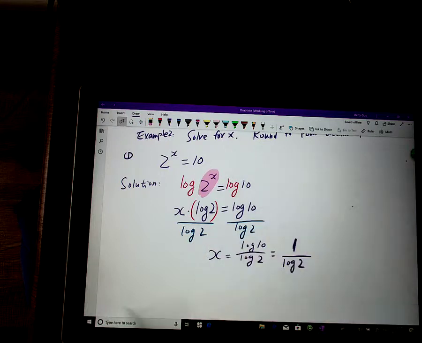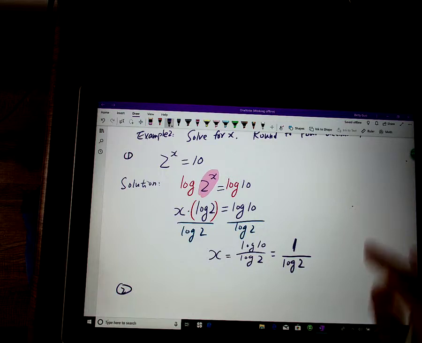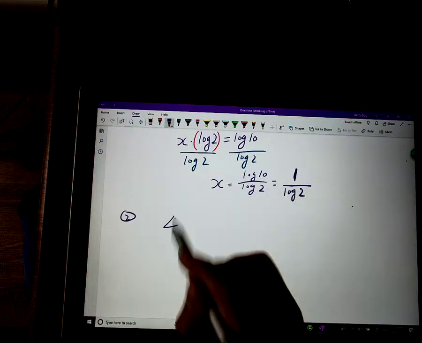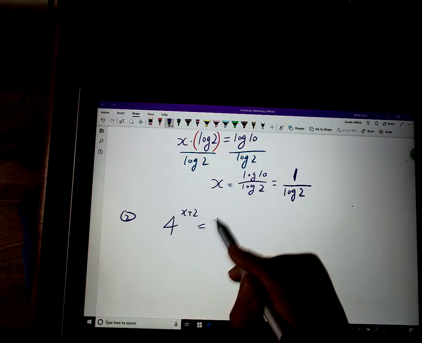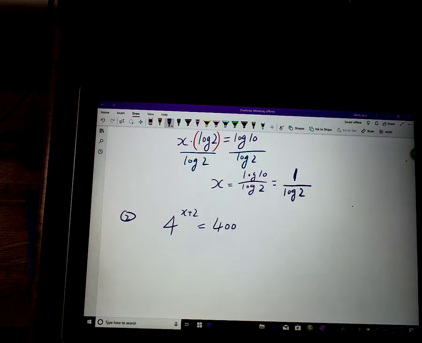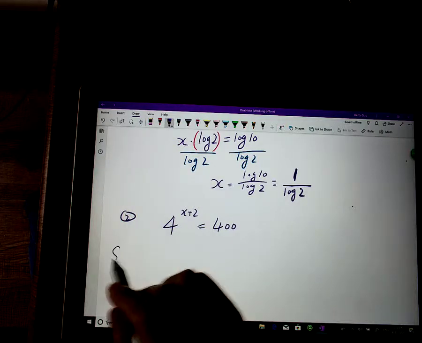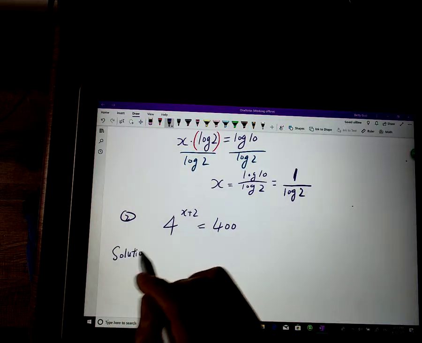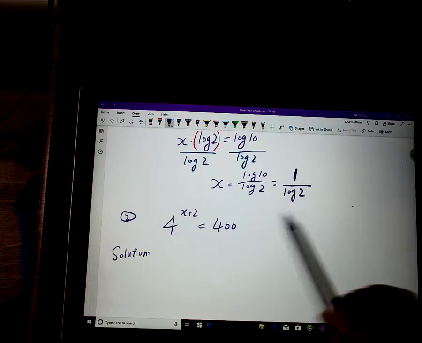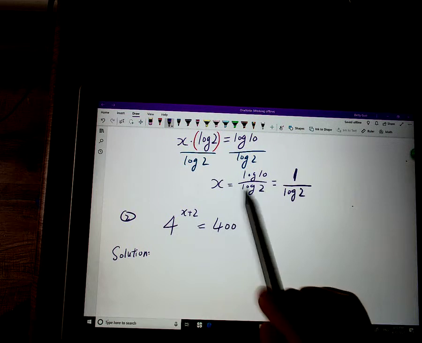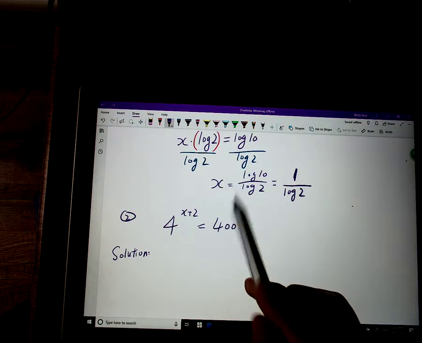Yeah, we skip the evaluation part. Only solve for x. Number 2, we have another exponential equation: 4 to the power of x plus 2 equals 400. This is not elementary because it's not very straightforward to rewrite both sides as powers of the same base. So we're going to do the thing that we just did earlier in the previous example.